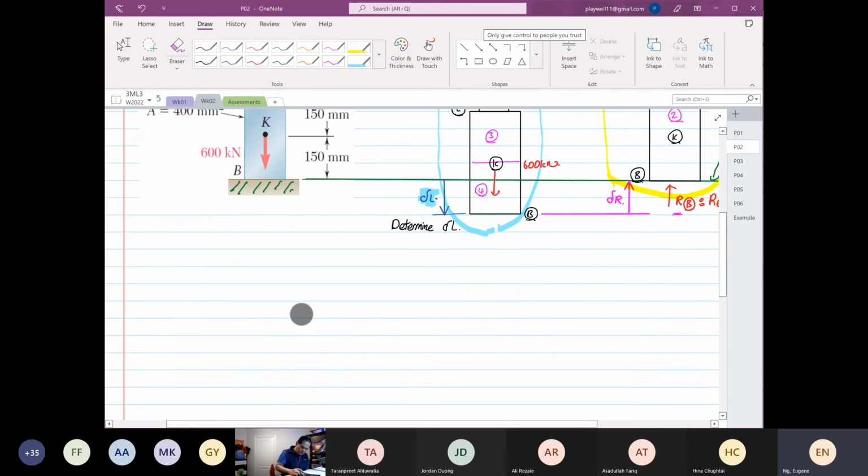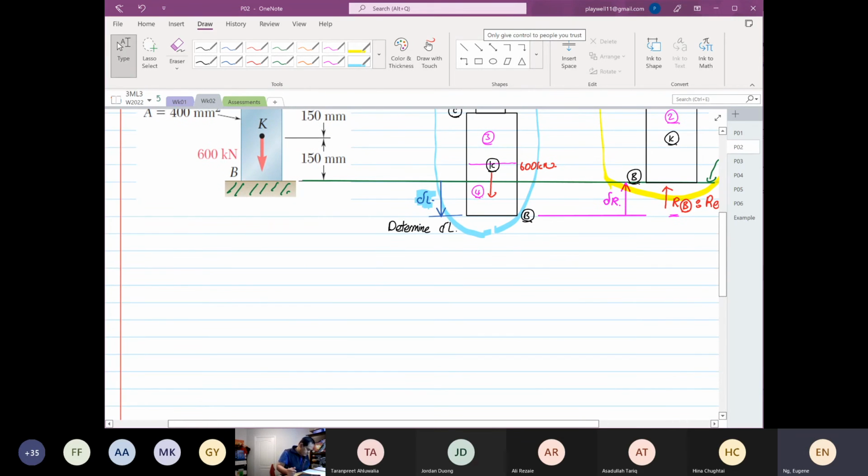We are going to do step 1, which is to remove the support at point B.